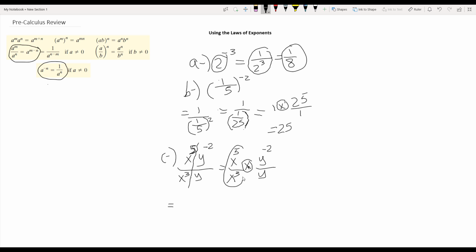Yes, right there. And the same here. The only difference is you got a negative 2 here. But this will simply transform to x to the 5 minus 3 times y.